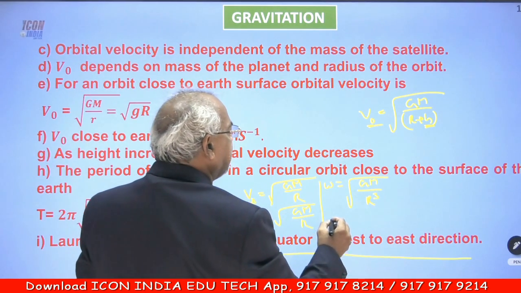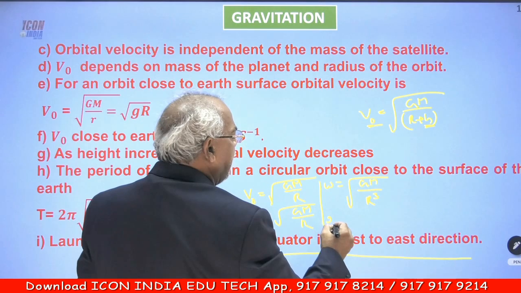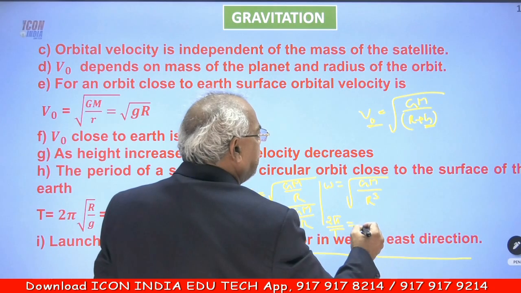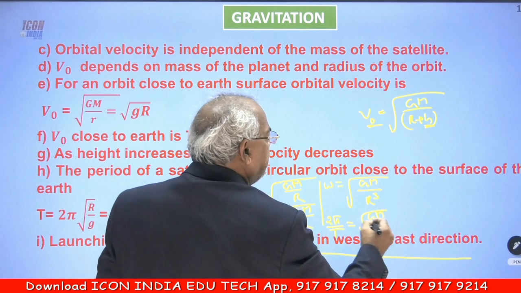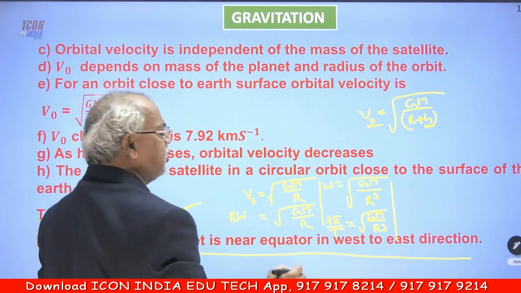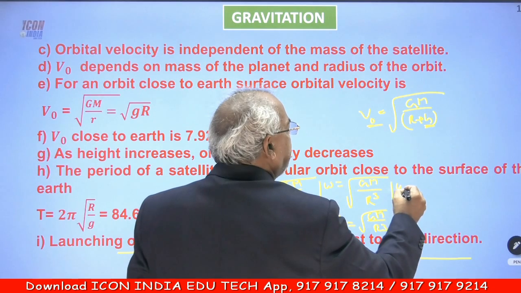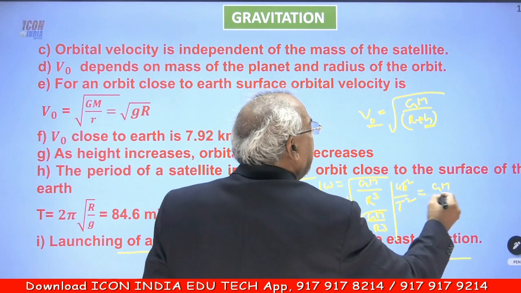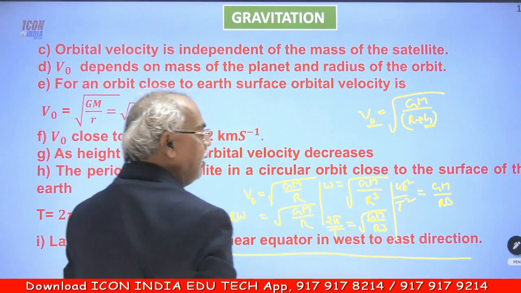Then omega is 2 pi by T. So 2 pi by T is equal to root GM by R cube. Square both sides. What happens? 4 pi square by T square is equal to GM by R cube.